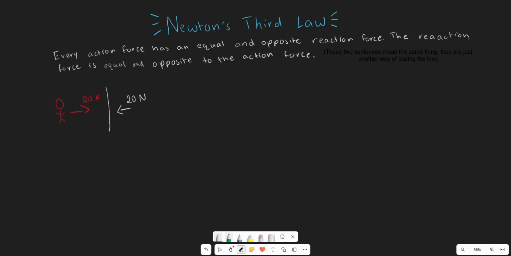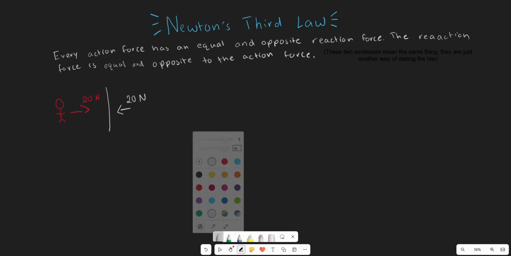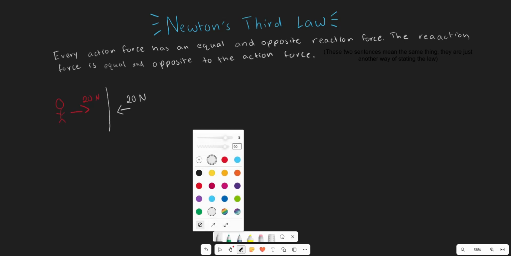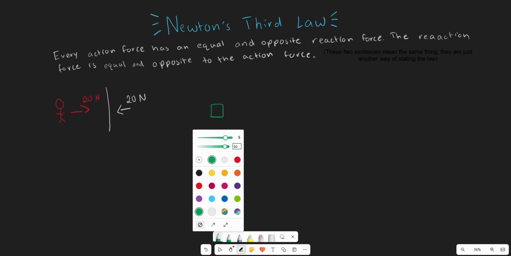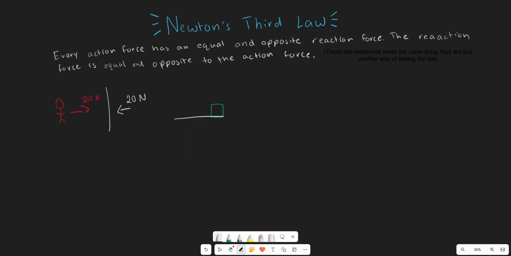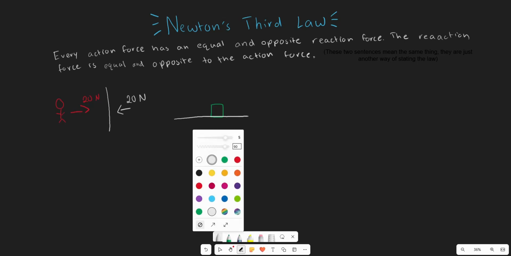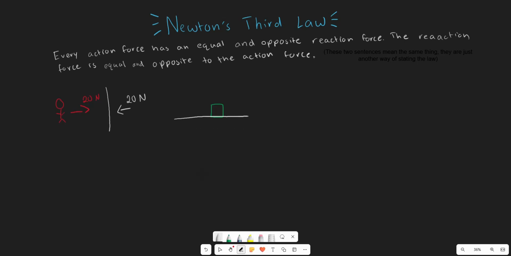So where can we see this force happening in our everyday lives? Let's say we have a box sitting on the ground, and here's the ground. So the box is experiencing a force of gravity, which is acting downward. The force of gravity is called weight.